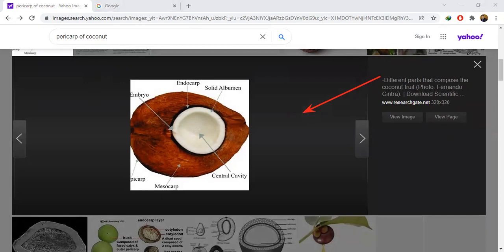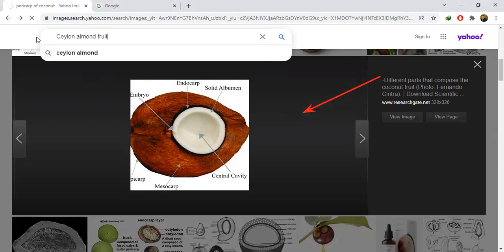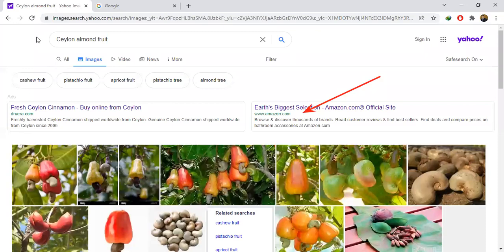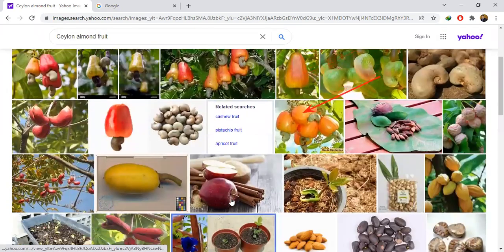In this one, another example given is Ceylon almond. People call it by the name Cotumber. Ceylon almond fruit. You have to search for the fruit. It is very difficult to search.